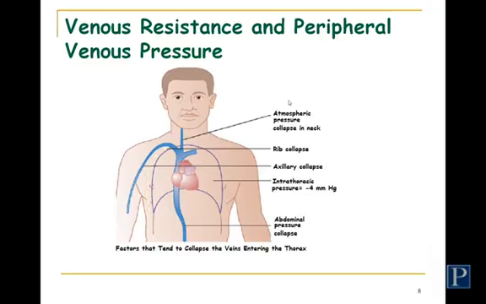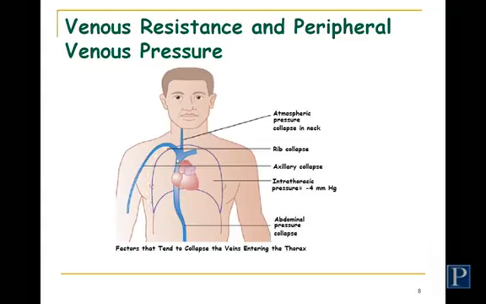Now, if you have a lot of pressure, say, in the abdominal region, you may have a corresponding increase in pressure in the peripheral veins, which would try to get that blood back to the heart. But here's where something could happen.